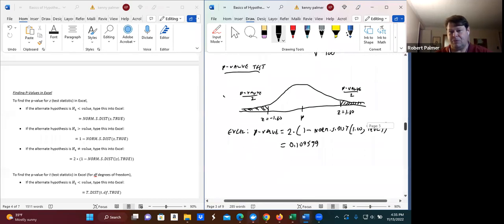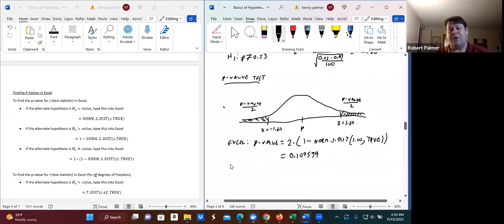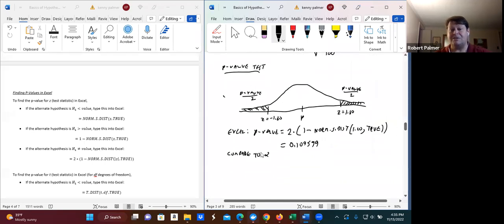Now, we compare to alpha. This time we see that the p-value is larger than alpha, because 0.109599, of course, is larger than 0.05.